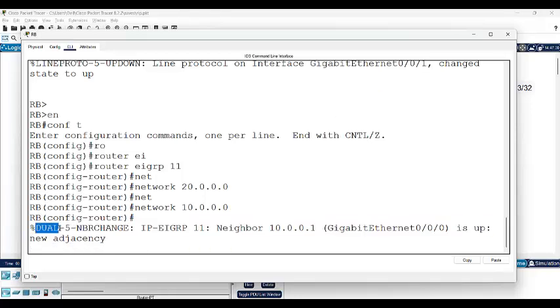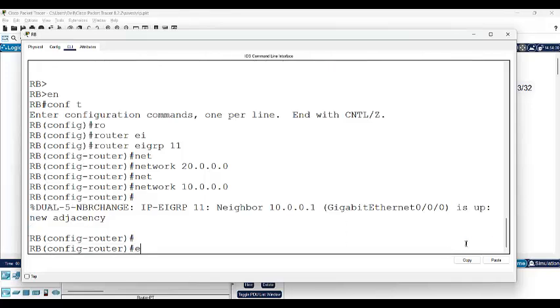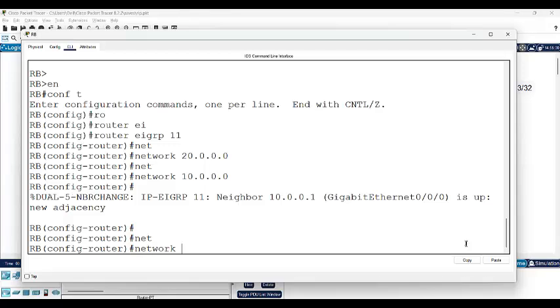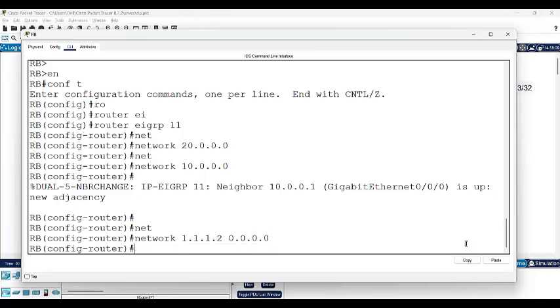Dual neighbor change for EIGRP 11 autonomous system number. This is the IP address of router 1. It has formed a neighbor. Neighbor adjacency is up. Now, we have also a loopback, no? So, I can also say like this, 1.1.1.2 and then 0.0.0.0. This means wildcard mask.